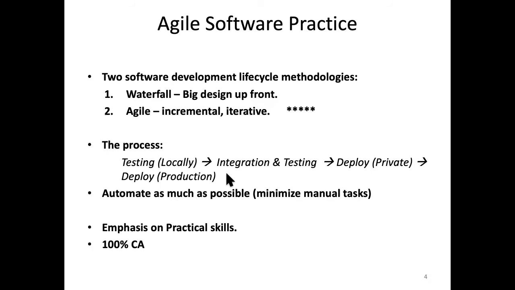Waterfall has been around for a long, long time. Agile is more recent. By recent, I mean maybe 15, 20 years, but it's probably fair to say that Agile is by far and away the dominant software development methodology being used in the industry today. And that's not really going to change. Let me tell you, we're not going back to a waterfall world.